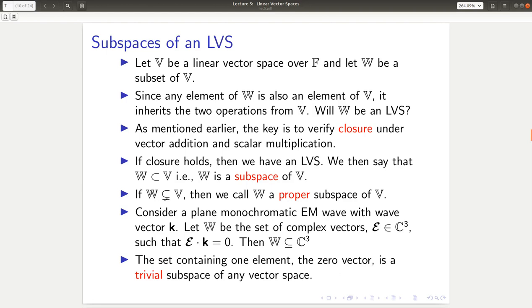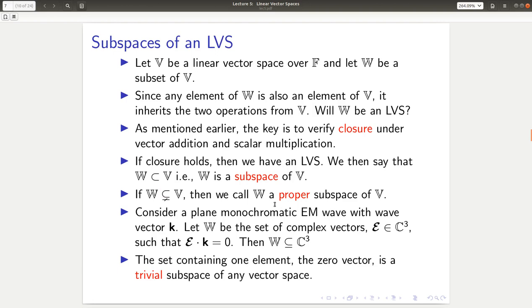Now if W is proper, that means W is smaller, there are elements in V which are not in W as a set, then we call W a proper subspace. And if W equals V, it is not a proper subspace. This symbol here says subset, not equal to.